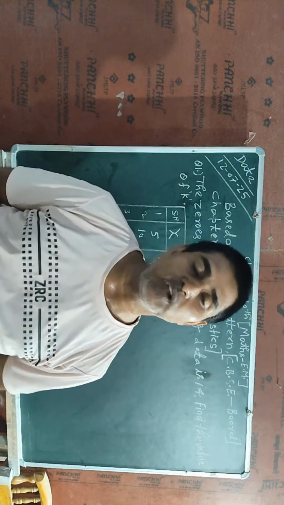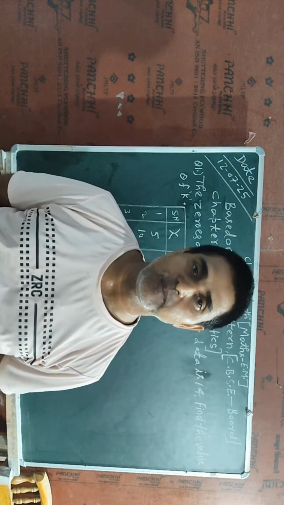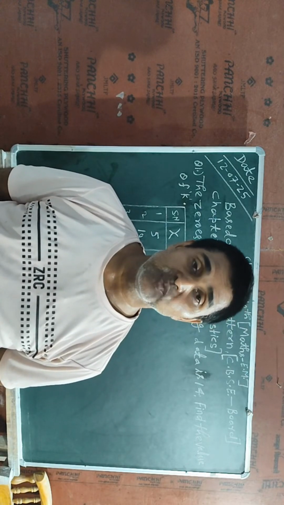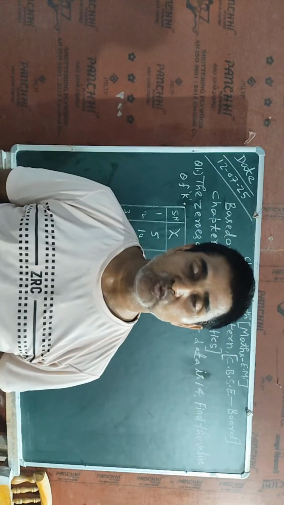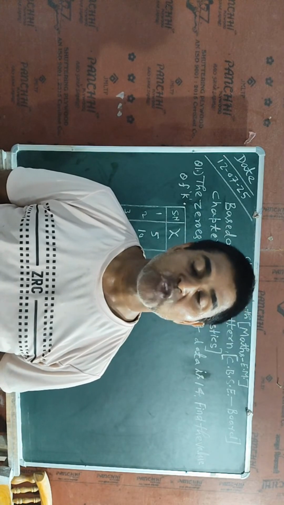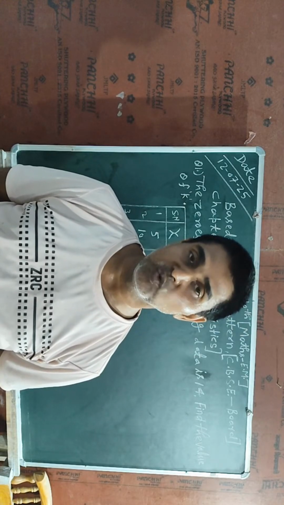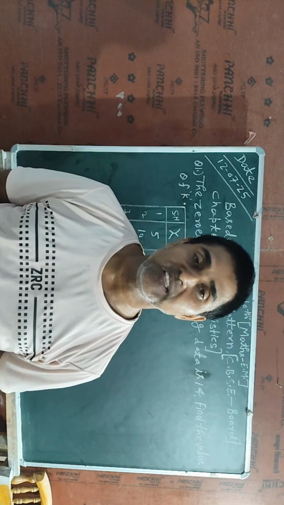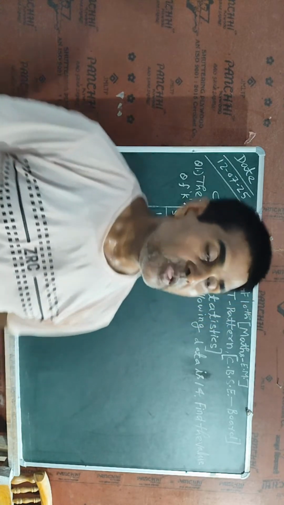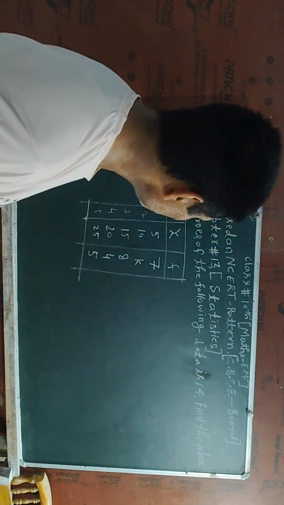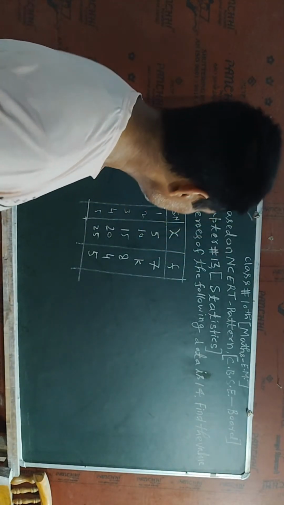Write all the data available on the blackboard, and also write the information you understand from my speaking. If you note this information in your notebook, you will get good knowledge. Now I am going to explain all the information available on the blackboard.